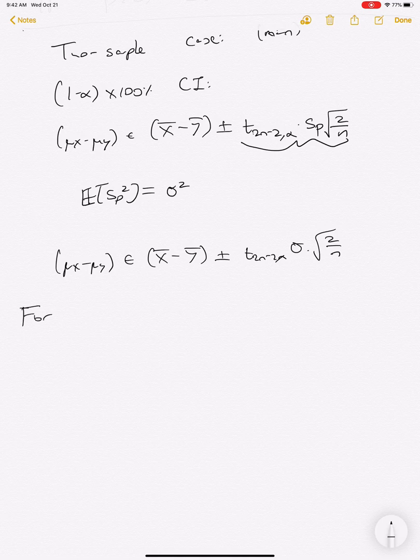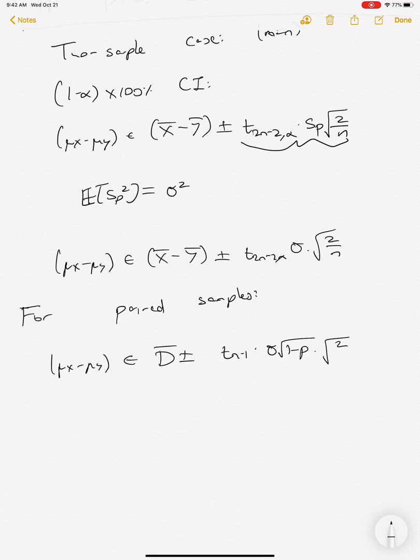And then for the paired samples, we have that mu x minus mu y is in d bar plus or minus t n minus 1, and then we're going to have something like sigma times square root of 1 minus rho times square root of 2 over n.